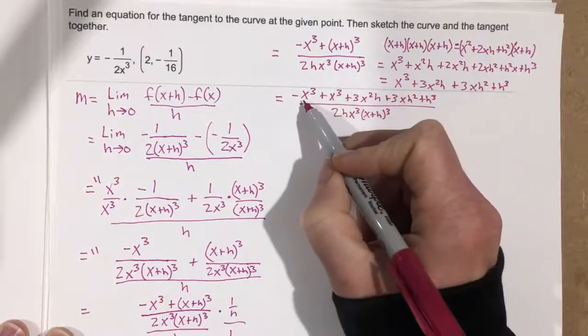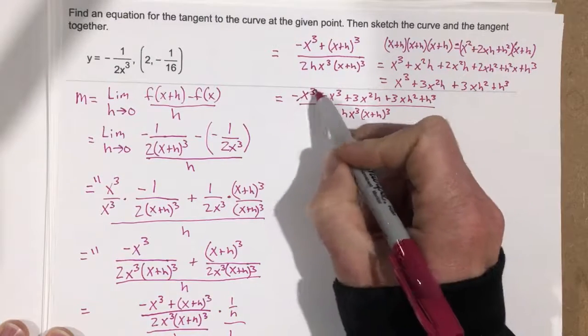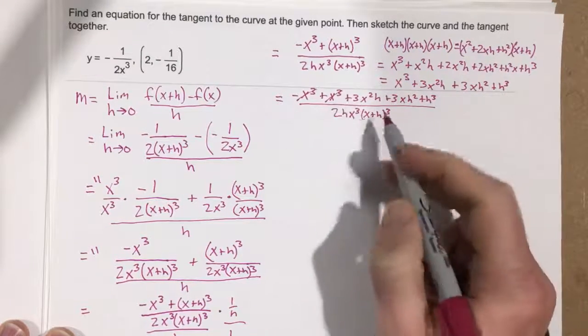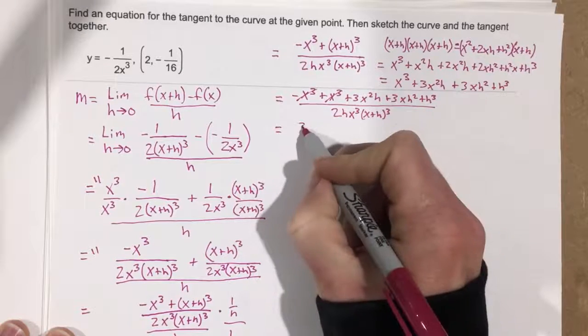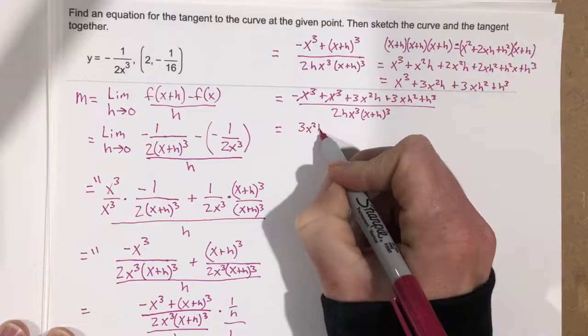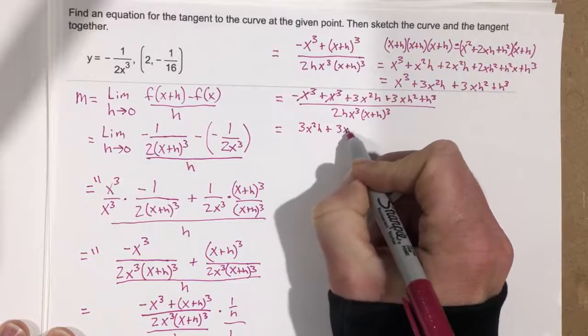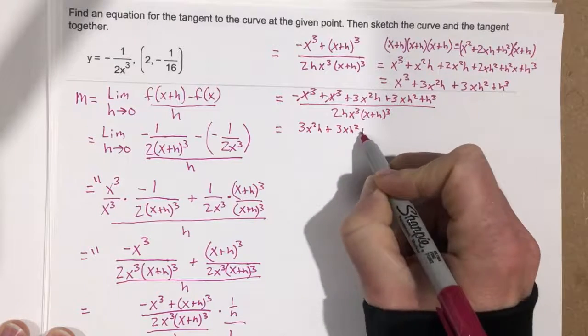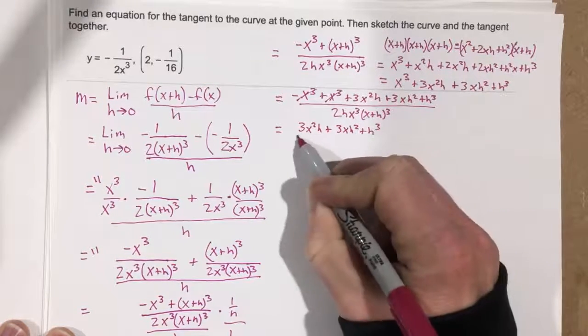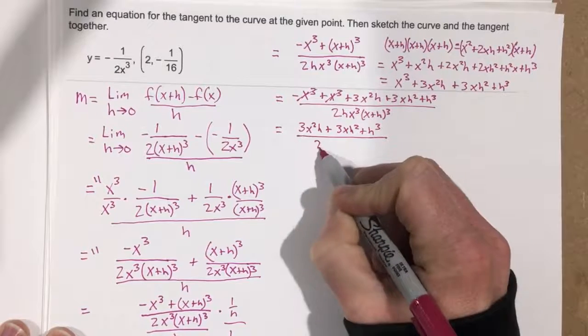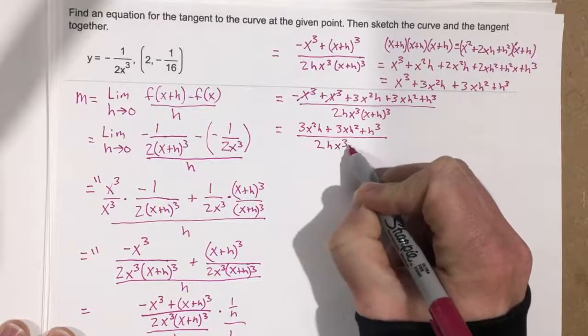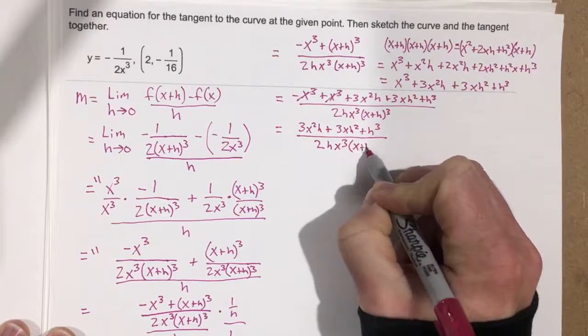So now we're going to cancel the x cubes, and we end up with 3x squared h plus 3xh squared plus h cubed all over 2hx cubed (x plus h) cubed.